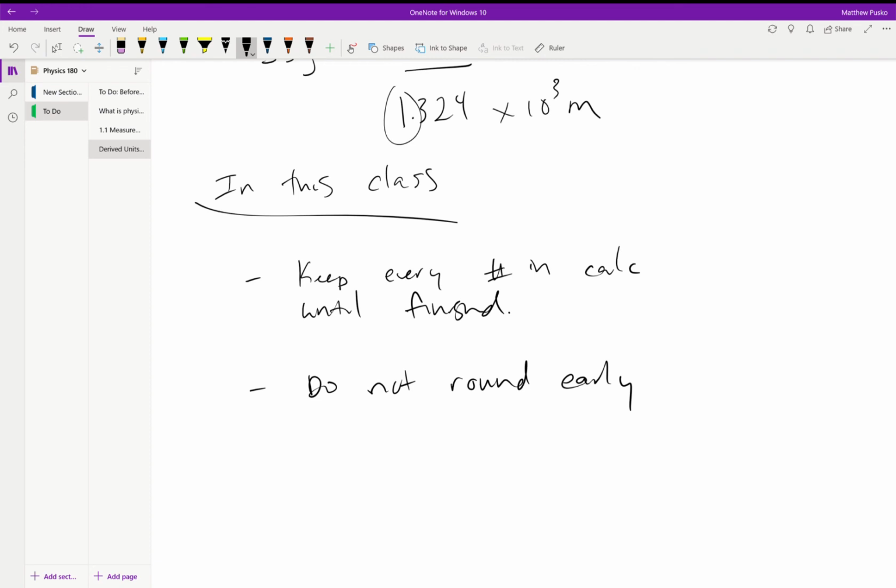And if you're turning in something into a digital platform like Expert TA, you want to be as close as possible. So if you're calculating the sine of pi over 9, or something that comes out weird, then just put sine of pi over 9 in your expression and actually use that calculation. Don't round this off somewhere, right? Don't cut it off. Keep every single digit until your final calculation, and then report that answer with proper sig figs.